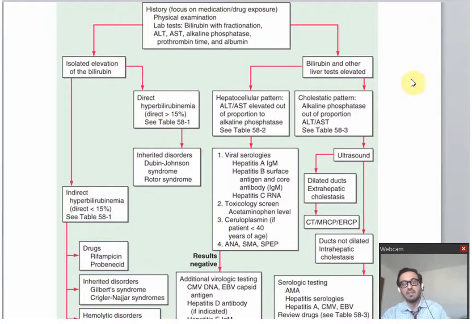But if it is non-isolated hyperbilirubinemia, we have two important patterns. One is the cholestatic pattern and the other is hyperbilirubinemia plus hepatocellular pattern.